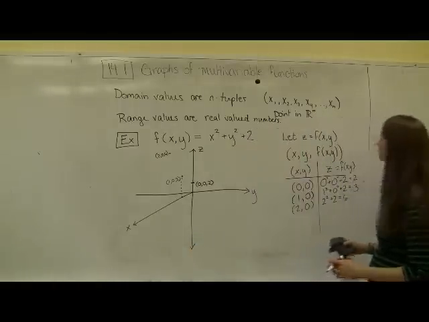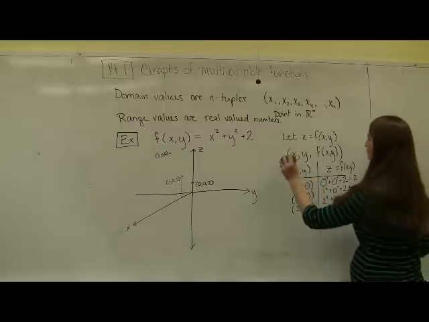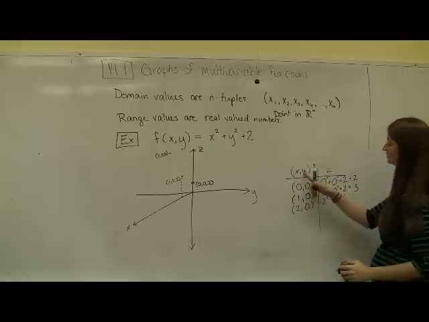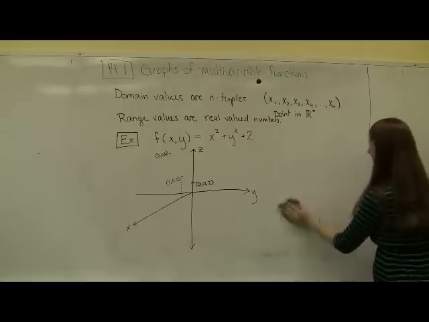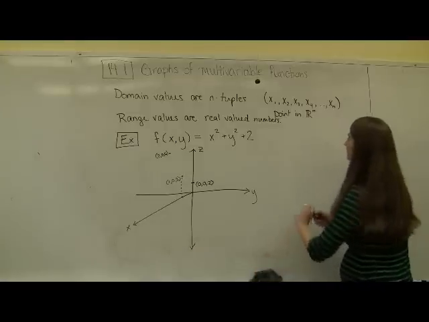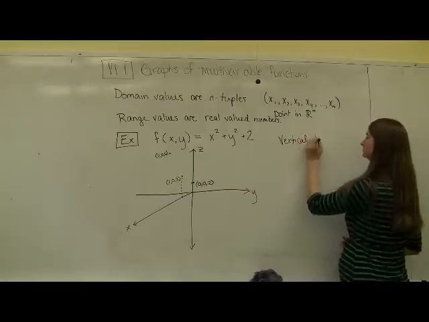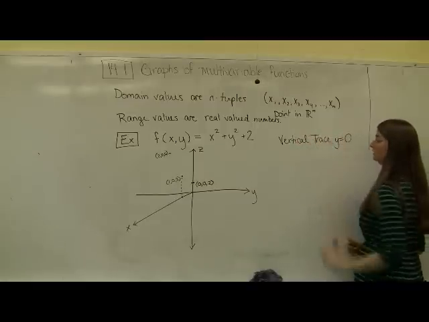And I'm going to tell you the first shortcut is to look at vertical traces. So the first vertical trace that I'm going to do is a vertical trace where y equals 0. I've already set it up by having y equals 0 over and over again. So the vertical trace where y equals 0.